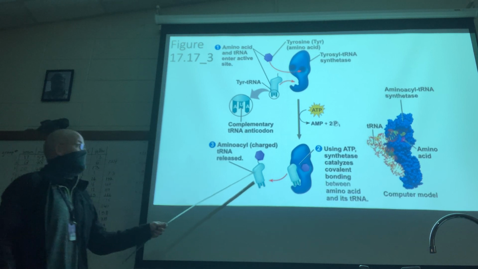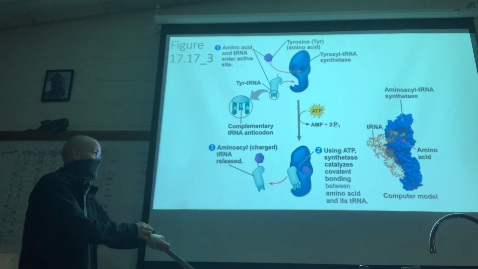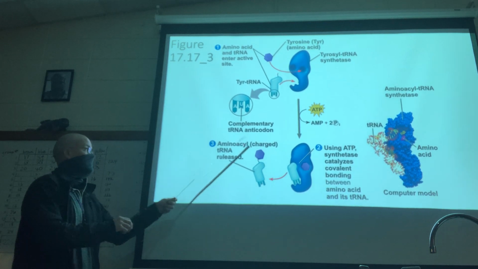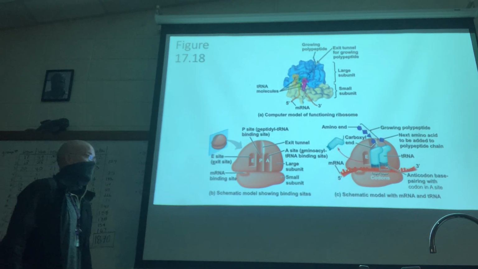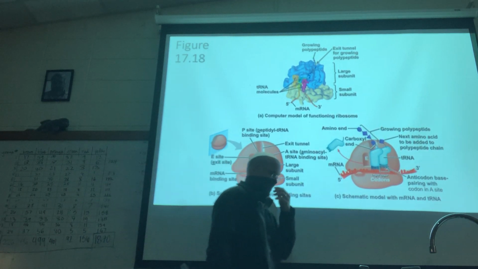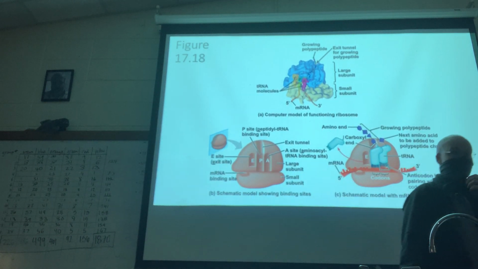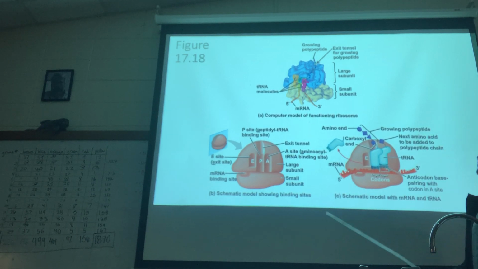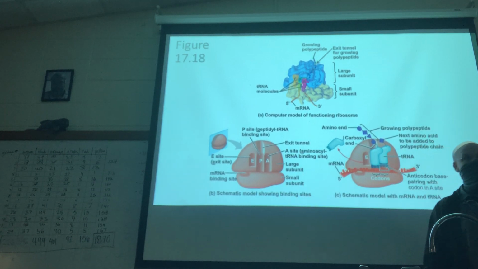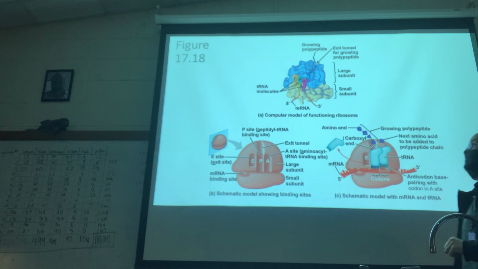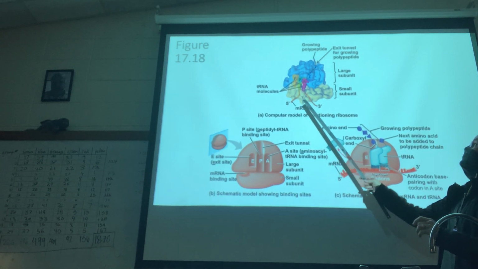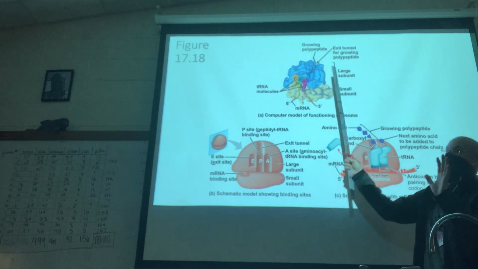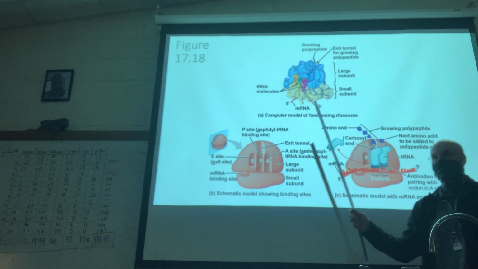Okay, so once the right tRNA is holding the correct amino acid, then it's ready to travel to the ribosome. And what you're seeing here is essentially the same thing as from the first slide, except there's a little more detail thrown in. It's a computer model that shows a more realistic view.